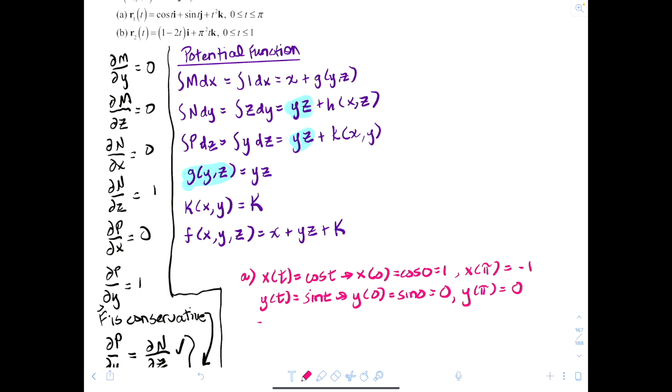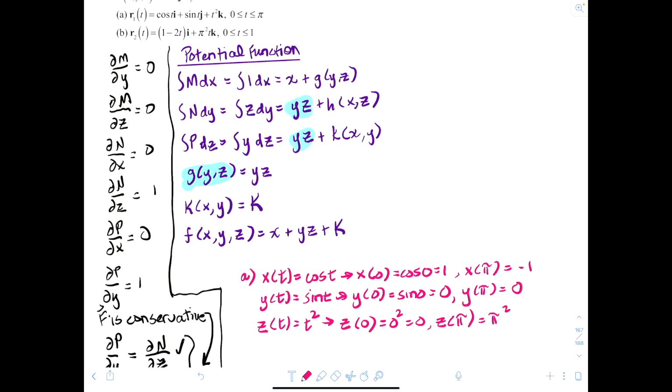And then z at t was t squared. And so z at 0 will be 0 squared, which is 0. And z at pi will be pi squared.